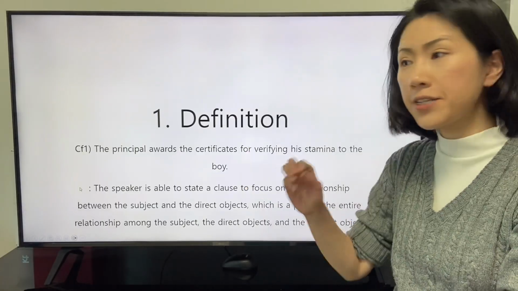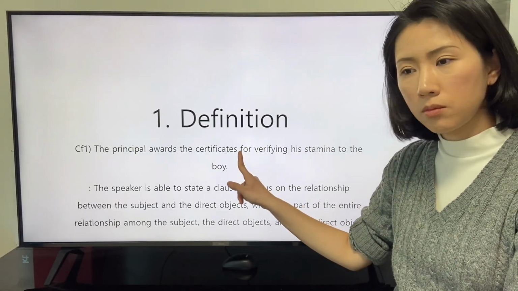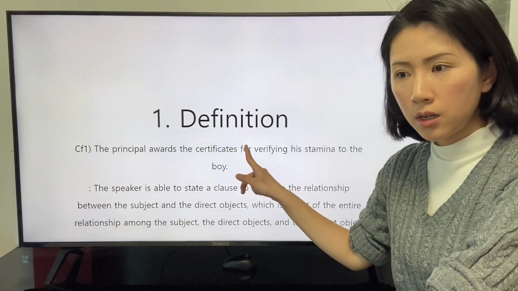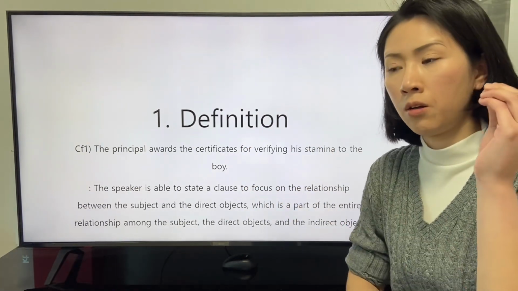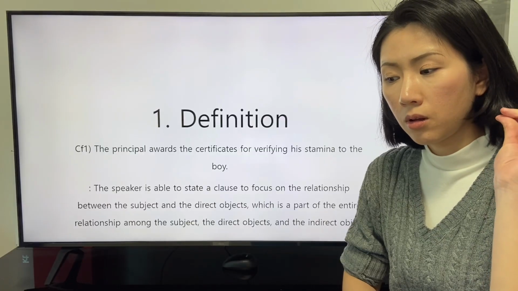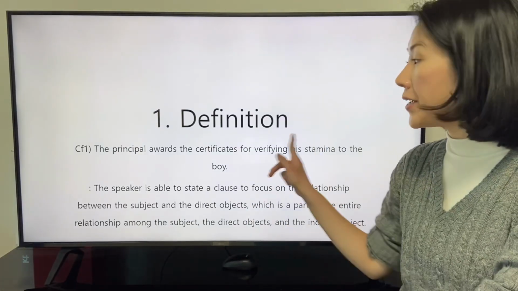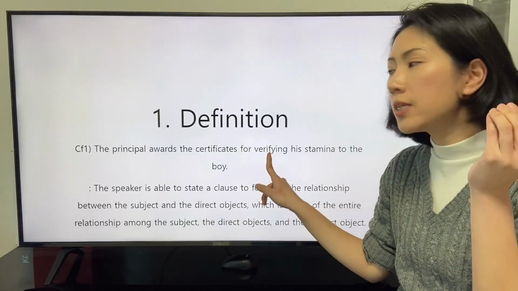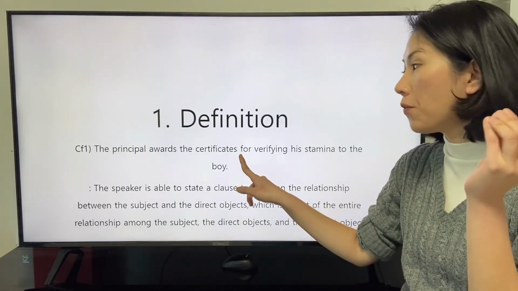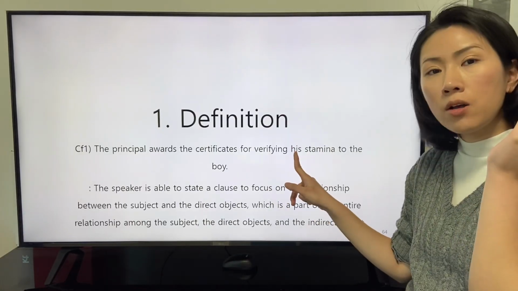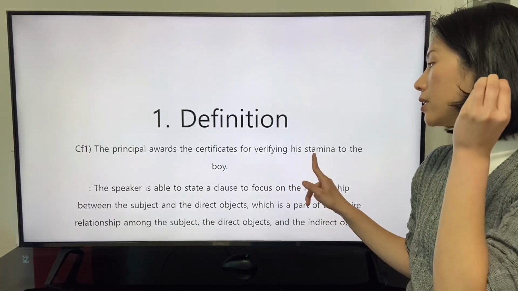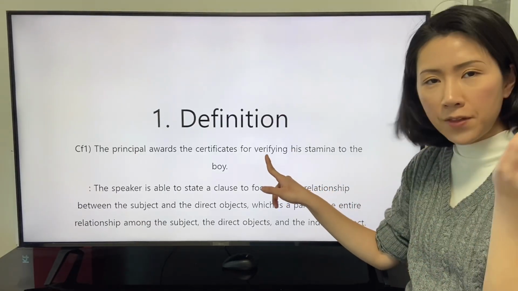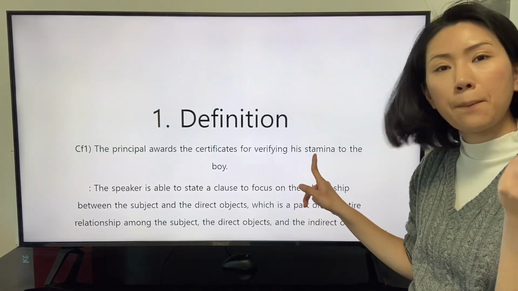How about the phrase of the preposition for? The preposition for is the core word in the phrase of the preposition, because the gerund gets the definition of the preposition for, and the phrase of the noun his stamina gets the definition of the gerund verifying.